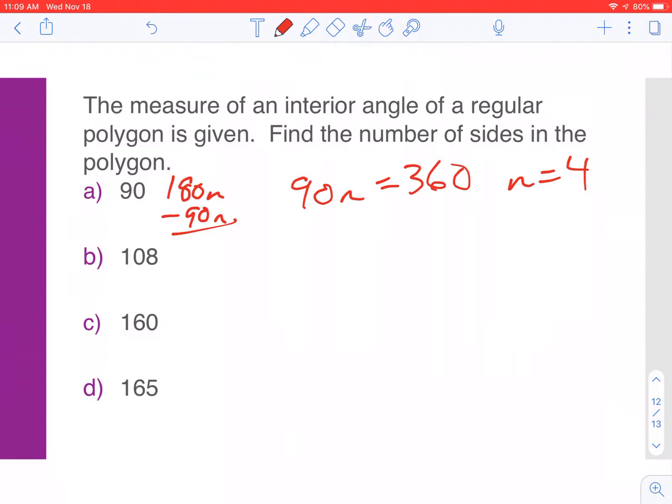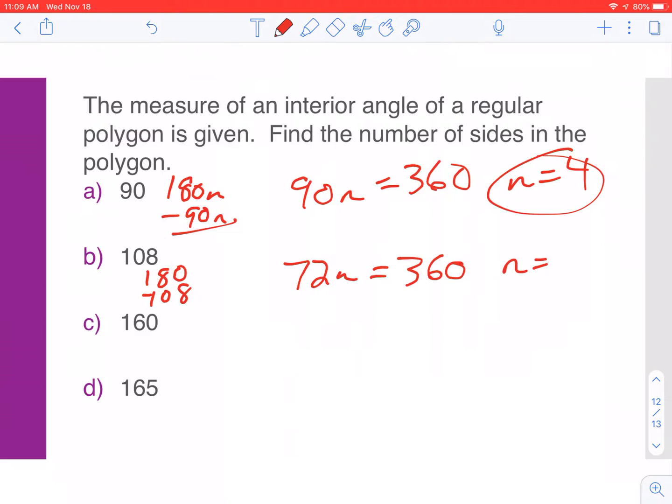Because if each angle is 90 like a square, how many sides do I have? I have 4 sides, right? 180 minus 108 gives me 72, n equals 360, divide both sides by 72. N will equal 5. So that's a pentagon.